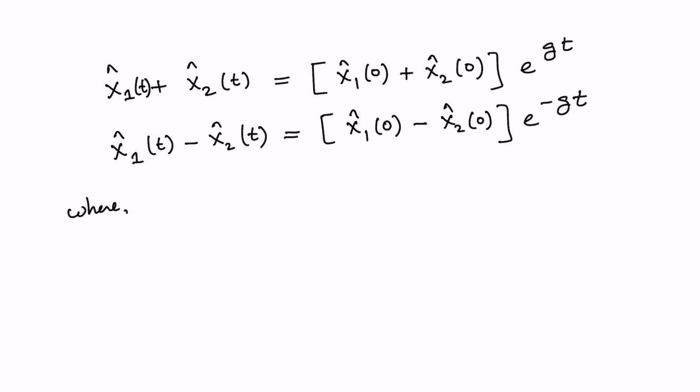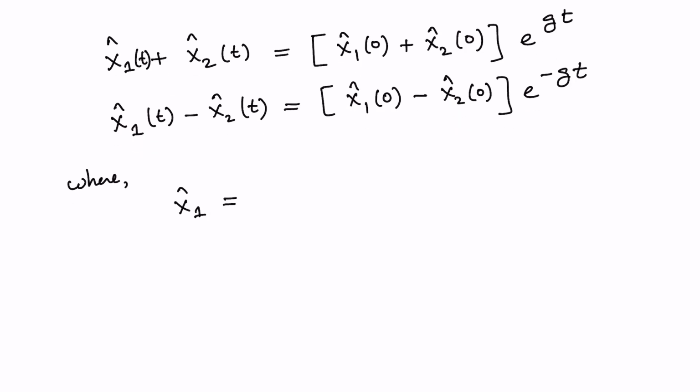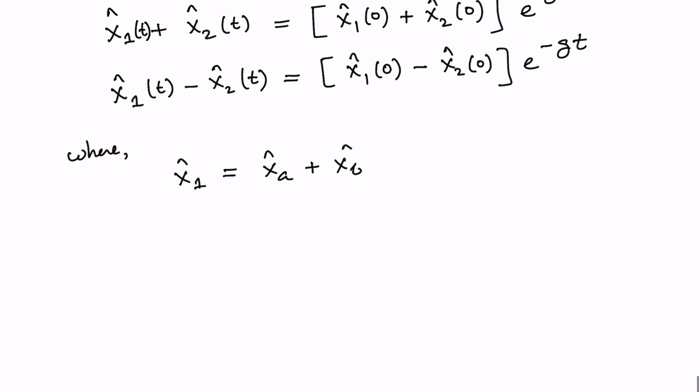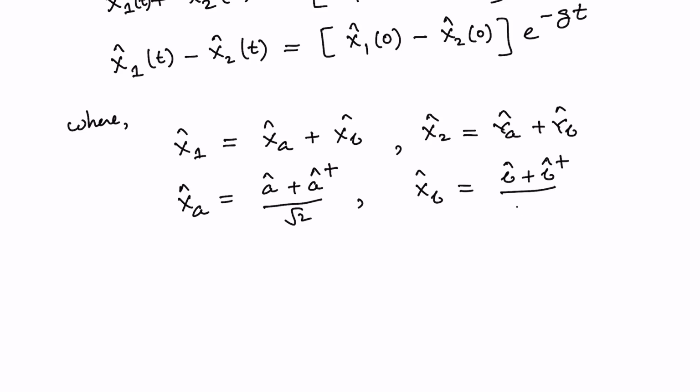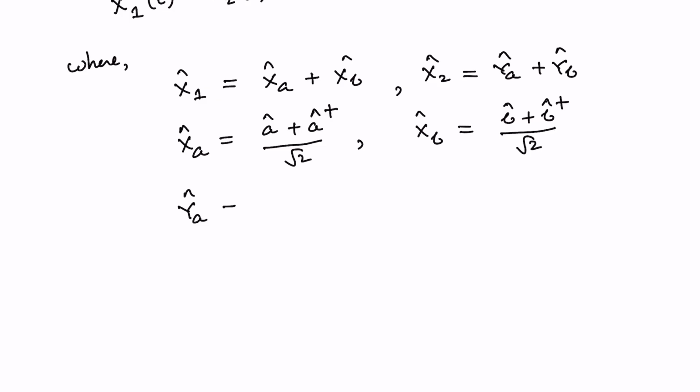Now here we are having x1 defined as a mixture of the position quadratures of the two oscillators, xa plus xb. x1 is xa plus xb, x2 is ya plus yb, the momentum quadratures. xa is defined as the quadrature operator for the optical oscillator, that is a plus a dagger by root 2, and xb is equal to b plus b dagger by root 2, and ya is equal to a minus a dagger by i root 2, and yb is equal to b minus b dagger by root 2 i.